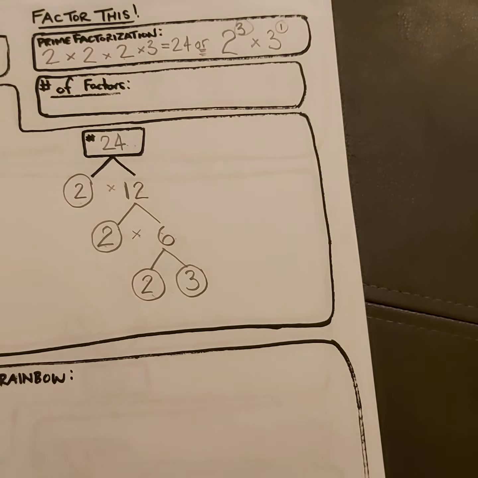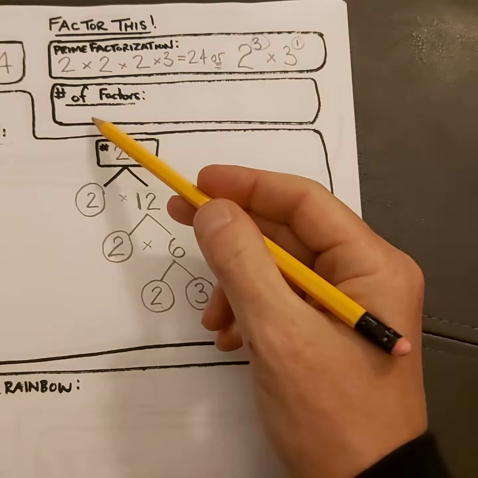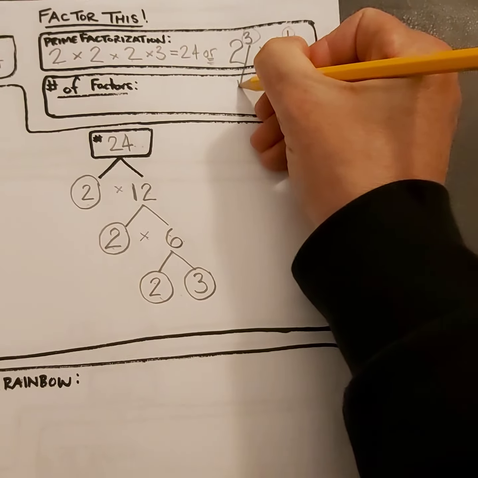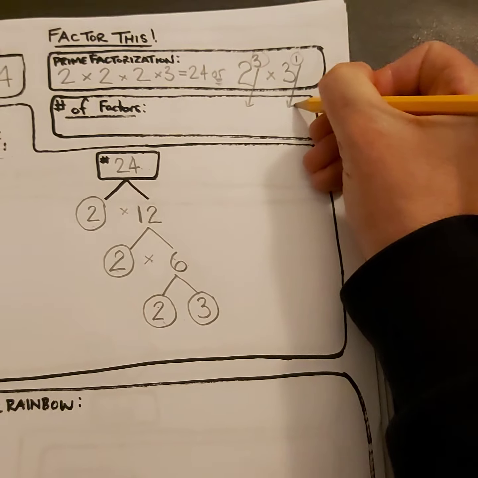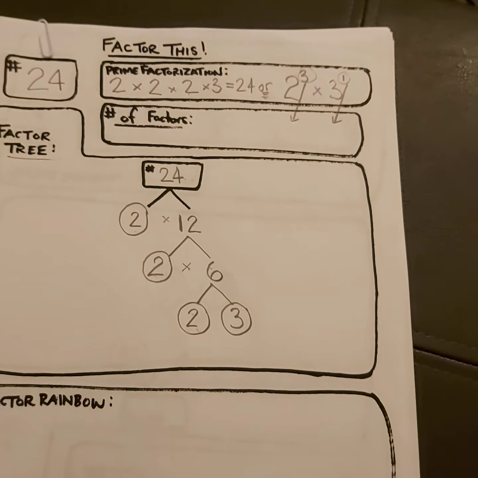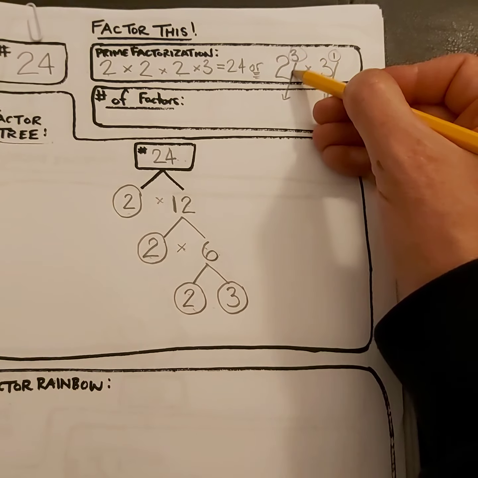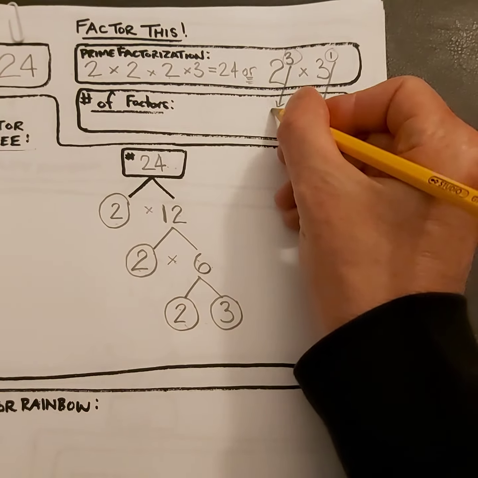All right, and now we wanted to determine the number of factors next. This is where I'm going to bring down my exponents, and I'm going to add 1 to each one. So if 2 to the power of 3, if I bring down this 3 and I add 1 to it, I get a 4.